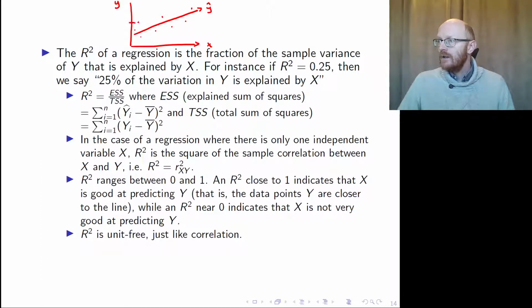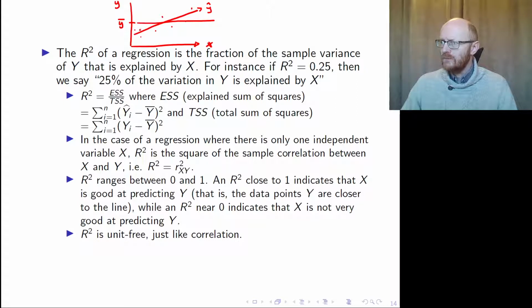But if you draw a line straight in the middle here, this would be y bar. This would be the sample average of the y variable. Then R-squared is basically a number which gives you how much of the total variation is explained by including x in the model.